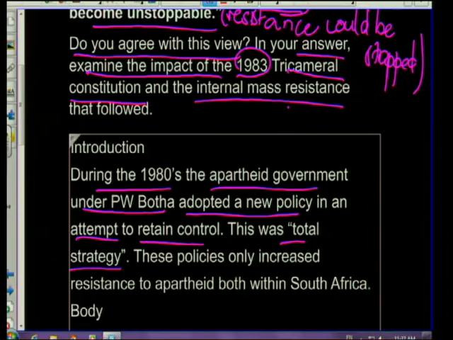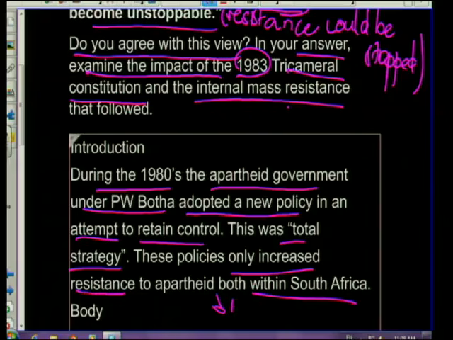These policies only increased resistance to apartheid both within South Africa and outside South Africa. But remember, in your essay, we focus mainly, in fact, completely on internal resistance.